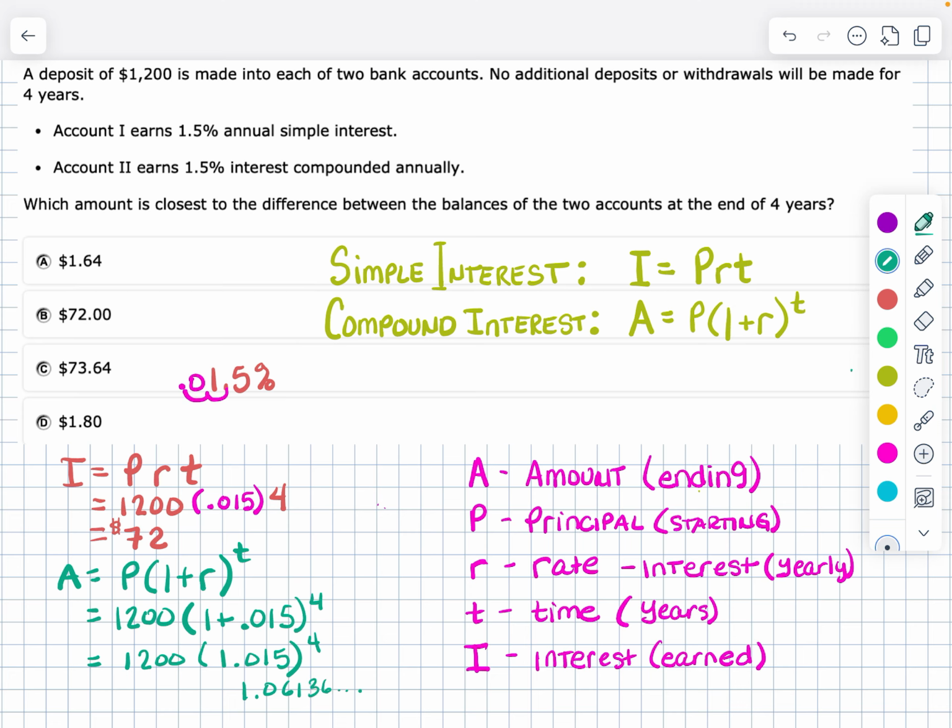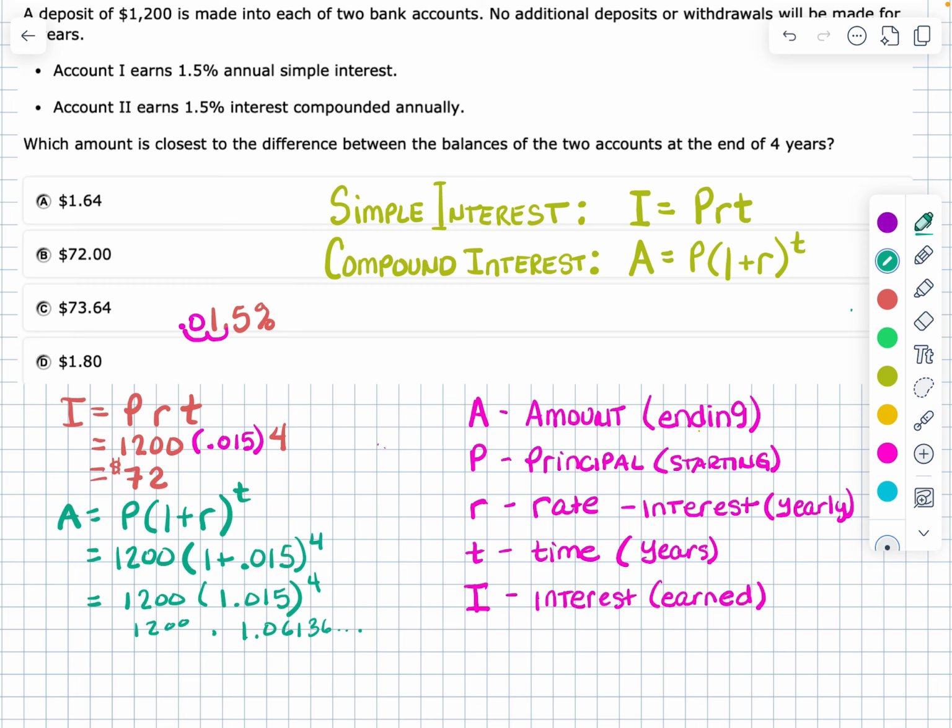It's kind of good to know where you're headed if you want to go back and check things. And then I'm just going to multiply this number times 1,200. And I come up with $1,273.63. Okay? Now, this is our ending balance.